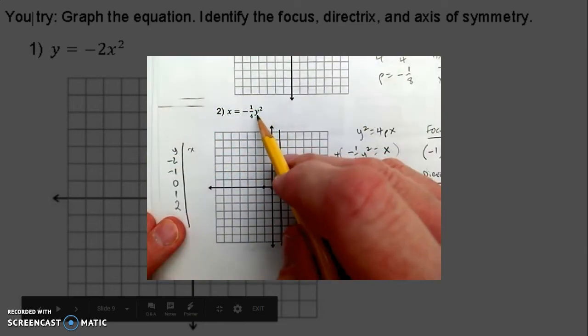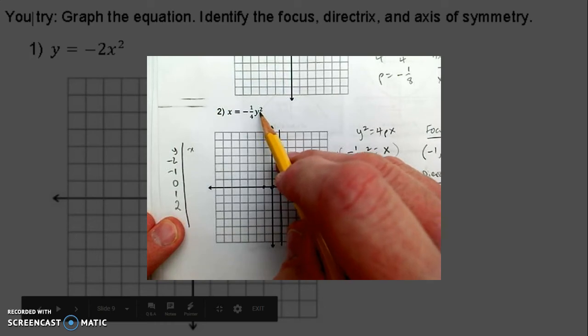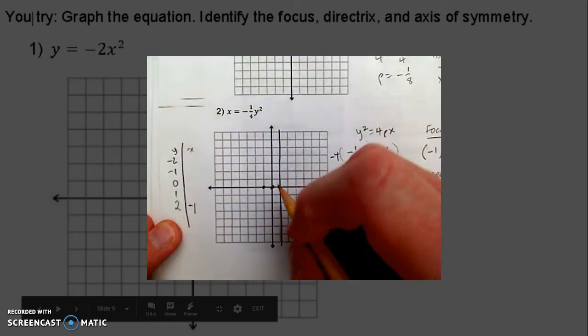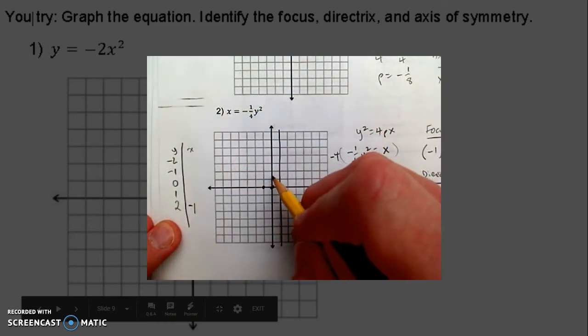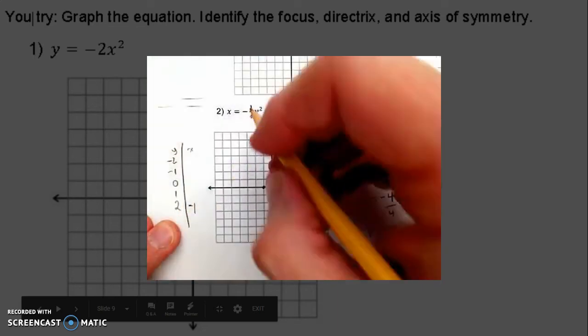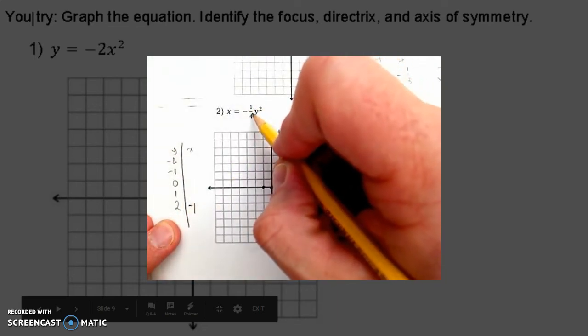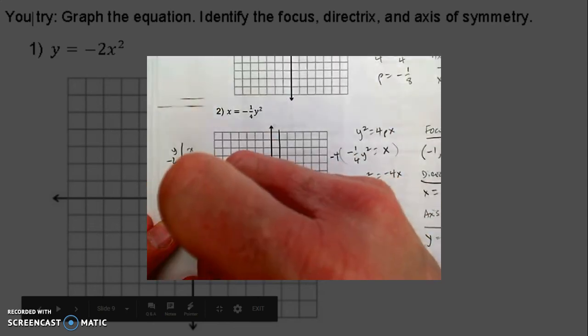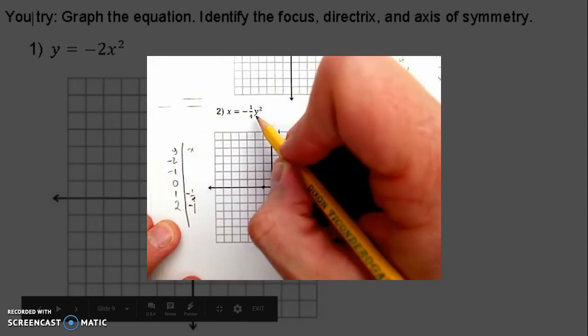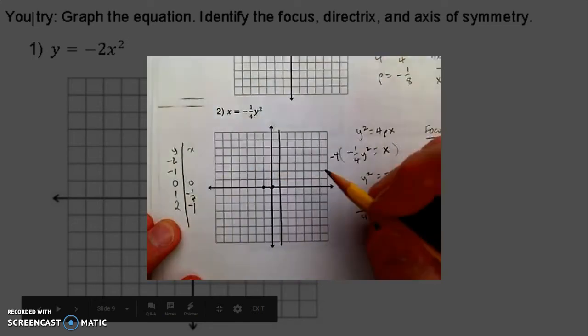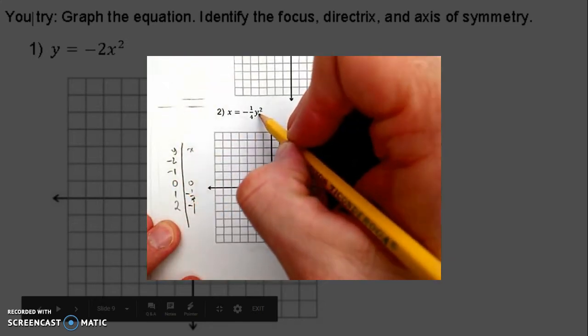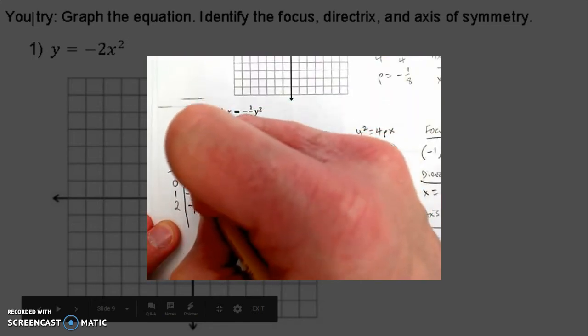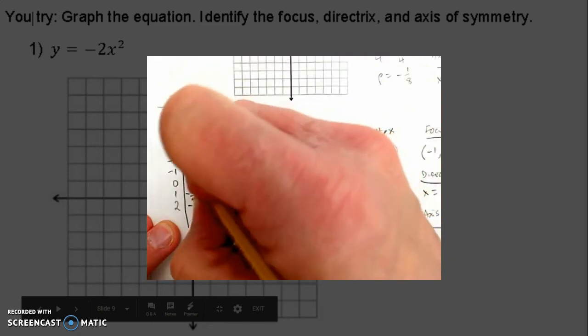So if I put 2 in for y, 2 squared is 4 times negative 1/4, that's negative 1. If I put 1 in for y, I'm going to get negative 1/4. If I put 0 in for y, I'm going to get 0. Similarly, negative 1 squared is 1, negative 1/4, and negative 2 squared is 4. I'm going to get negative 1.